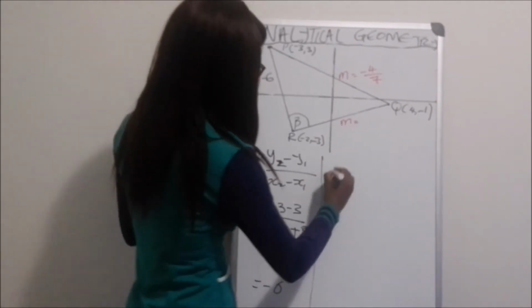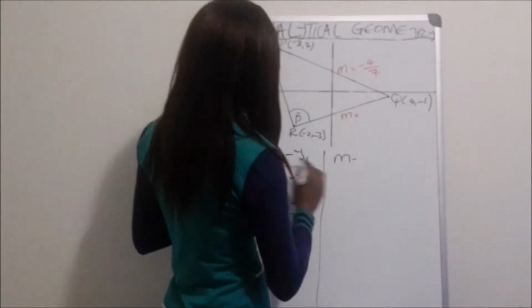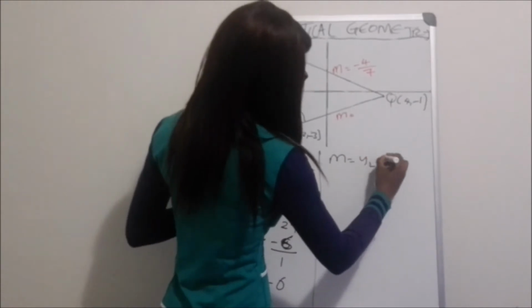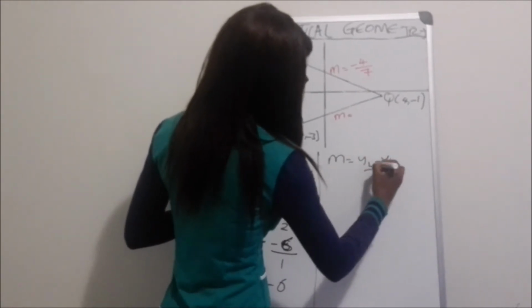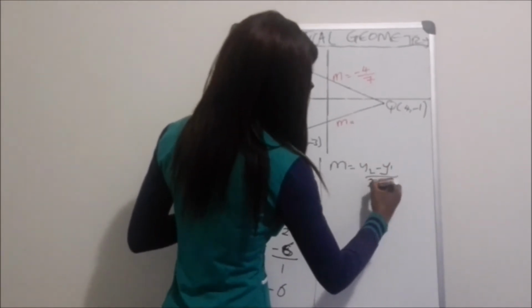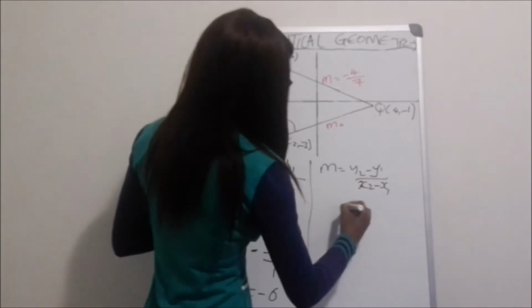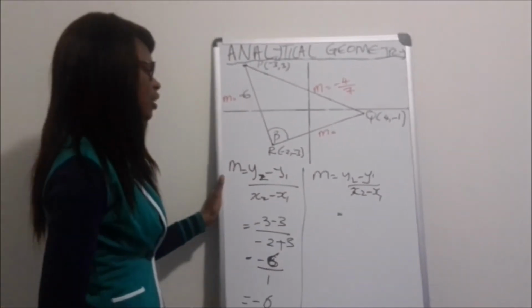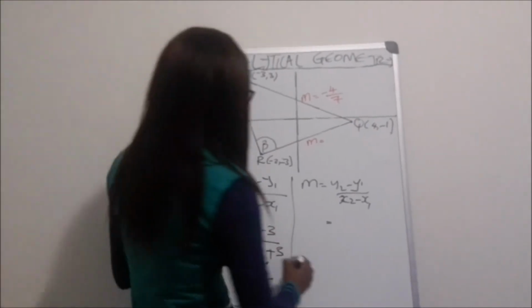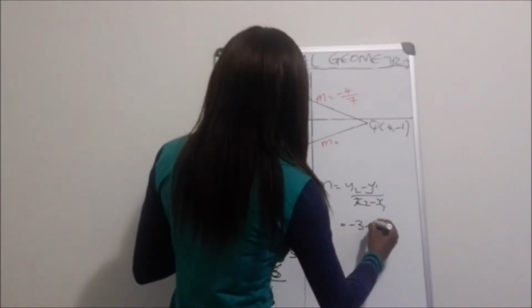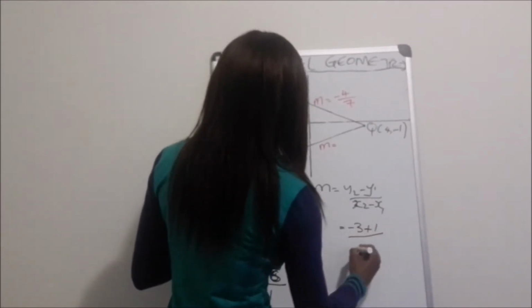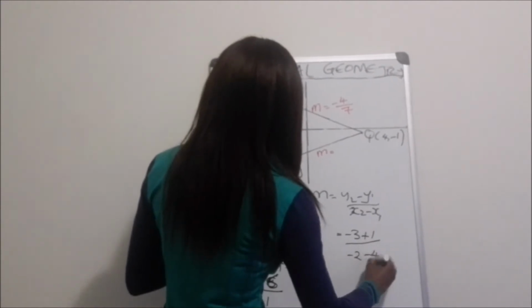Then again, to find the gradient we use the very same equation, m equals y2 minus y1 divided by x2 minus x1. To find the gradient between the points, it will be -3 plus 1 divided by -2 minus 4.